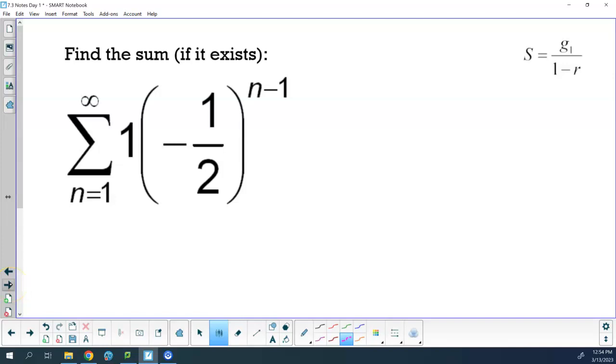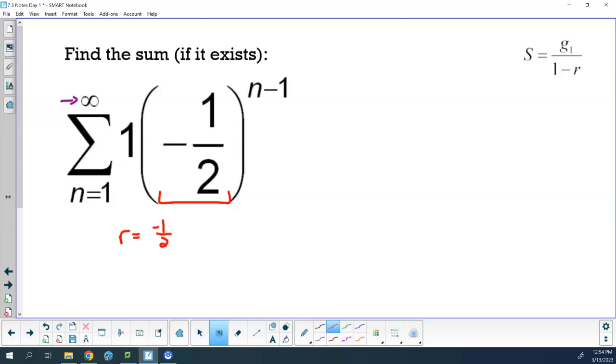Find the sum if it exists. Well, it's an infinite series because we have an infinity symbol up there. The first thing I need to check is my R value. The absolute value of R has to be less than 1. My R value is negative 1/2.